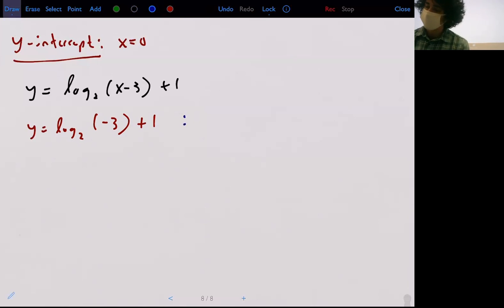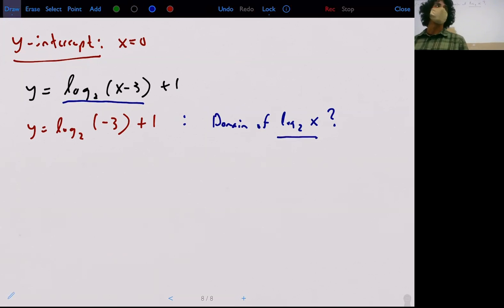So real quickly, what's the domain of the log base 2 of x? Not the domain of this function here, but the domain of just the log base 2 of x.